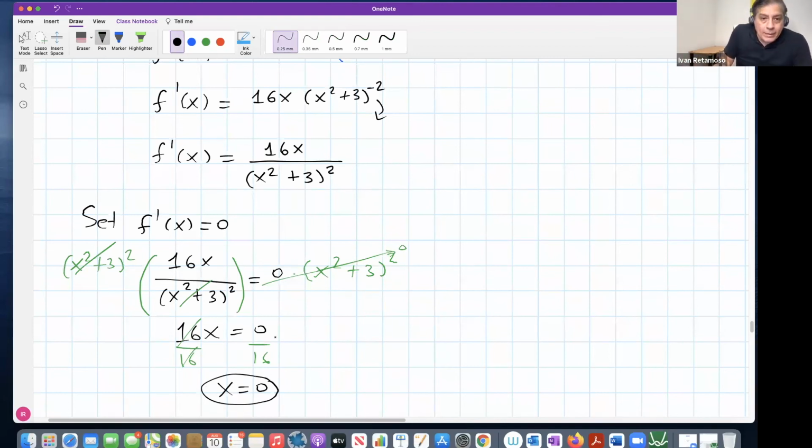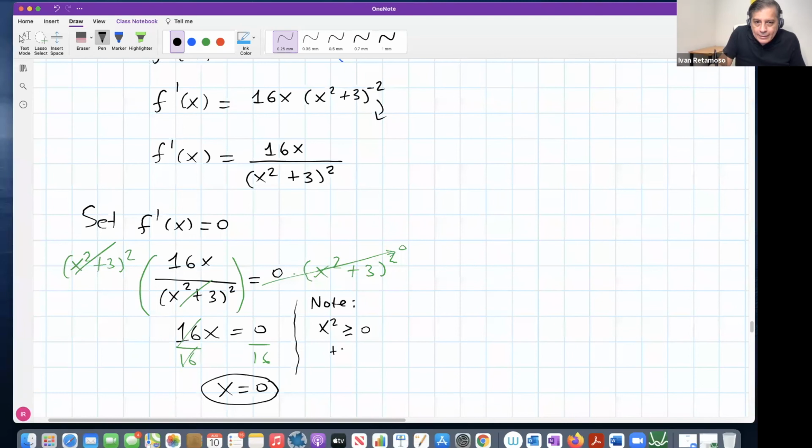Now, you may say, Professor, but now you have to check if the derivative function is undefined for some value of x. But look at this nice denominator, x squared plus 3. This x squared plus 3 is never 0, right? I'm going to write this as a note. If you want to understand where this comes from, note x squared is greater than or equal to 0.